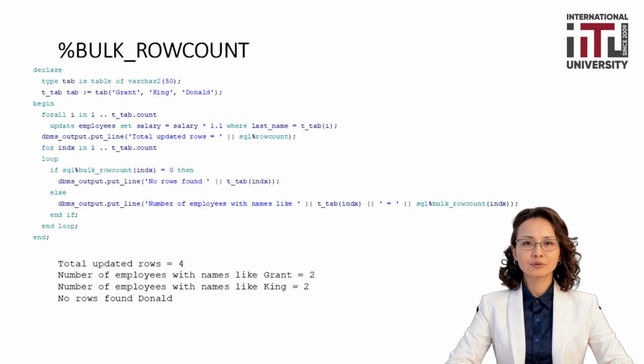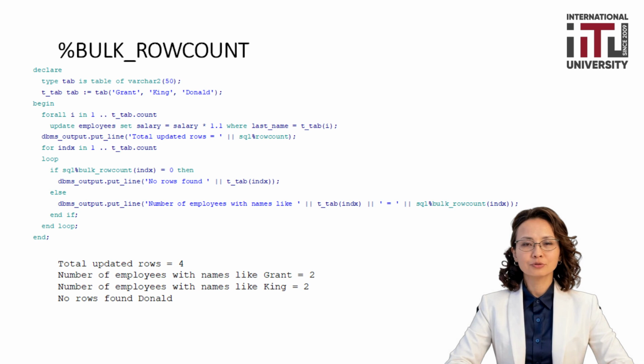In this example, we use FORALL to perform bulk updates efficiently in PL/SQL. First, we declare a table type containing employee last names, Grant, King, and Donald. Then the FORALL loop updates the salary for each employee whose last name matches the list, increasing it by 10%. After the update, we print the total number of rows updated using SQL%ROWCOUNT.